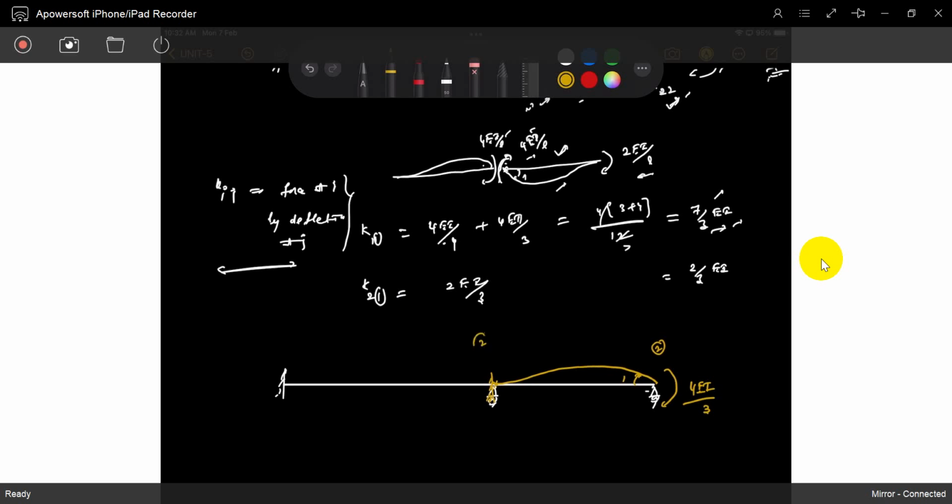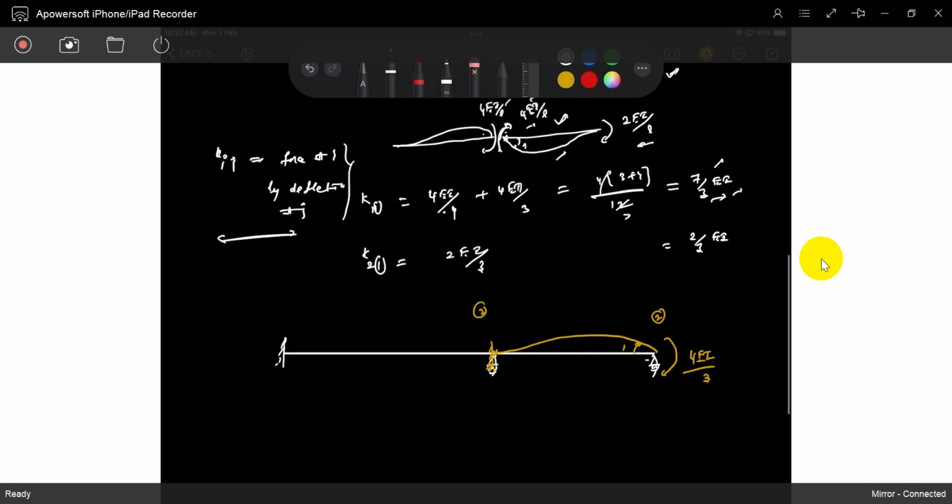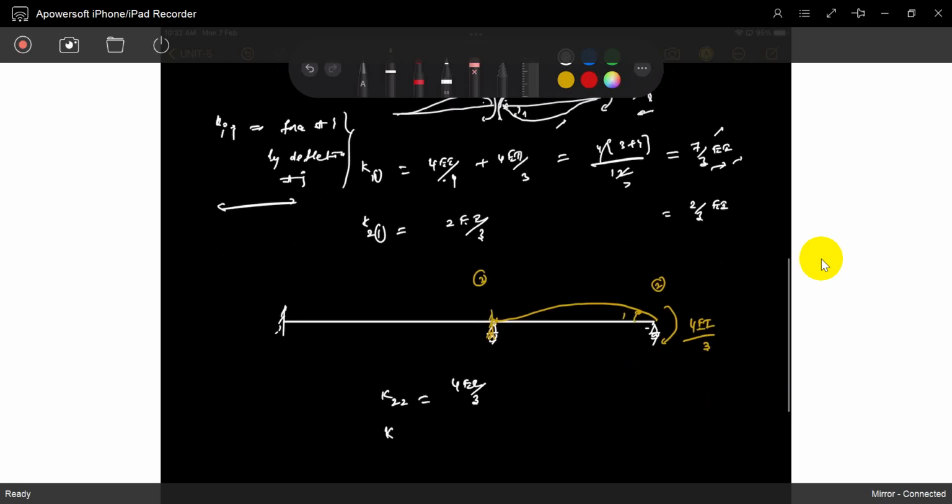So I write K22 is 4EI by 3. Now K12, what is K12? It is the same 4, so it's 2EI by 3. That's it, 2EI by 3.